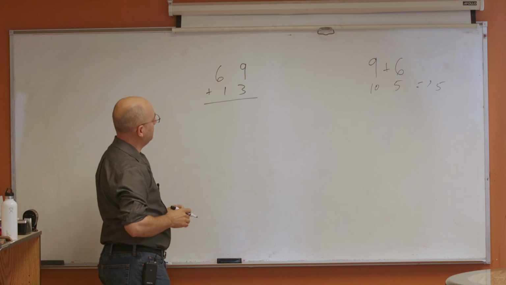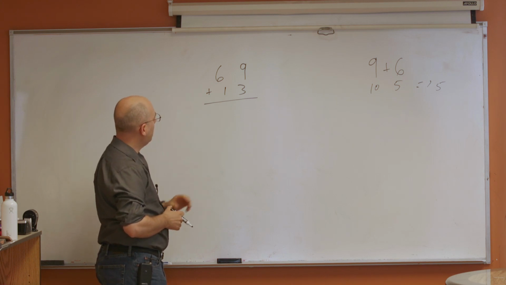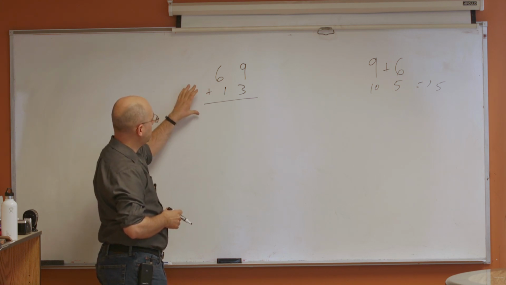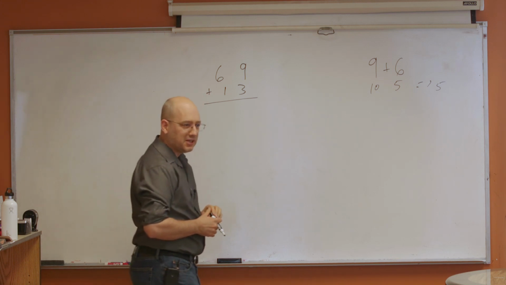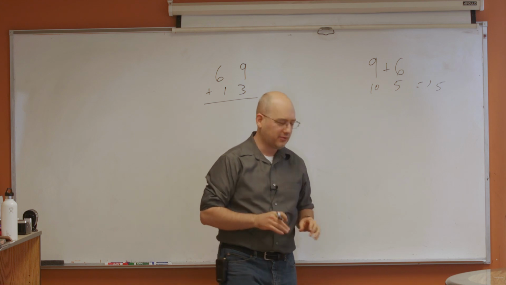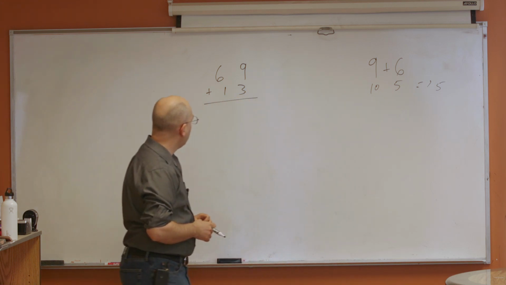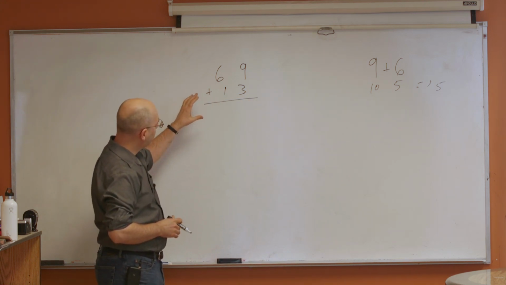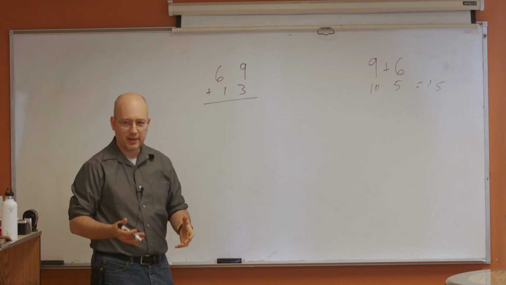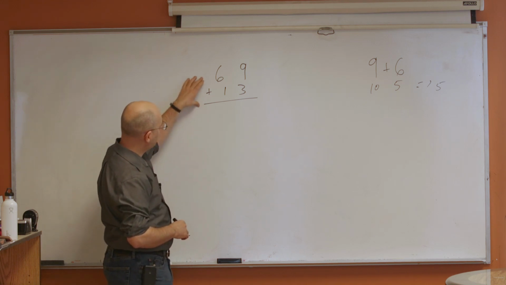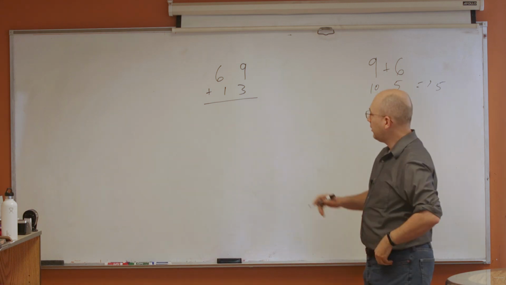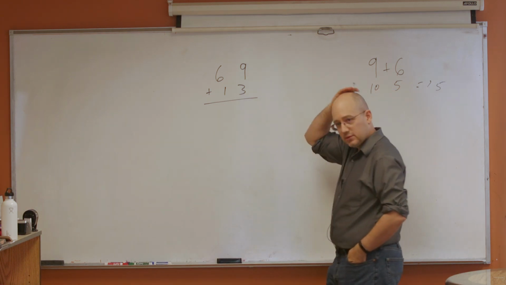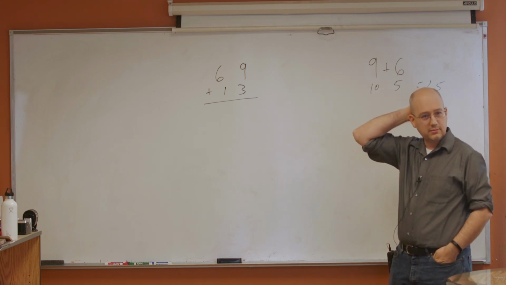So now we want to add this. So there's kind of a standard method, which is bad. And then there's a better method, which is, well, better. And first there's a better method, which is also bad. So when I look at this, what do I do? I say 69. What is that close to in terms of tens? 70.